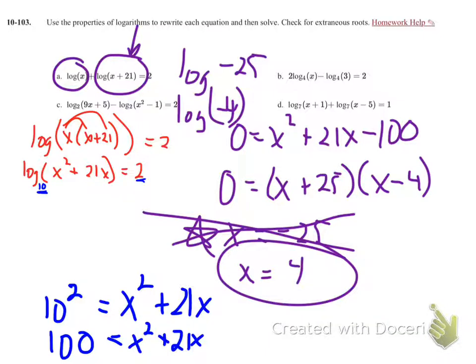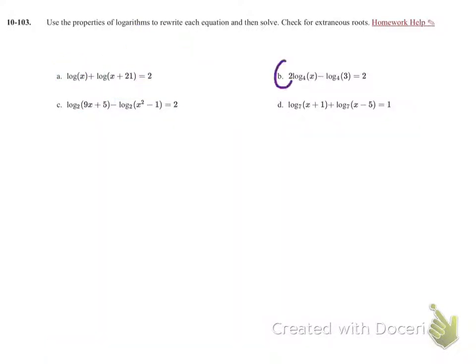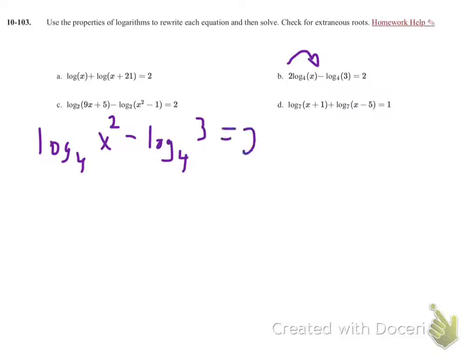All right, going to problem B. I have a 2 out front. So what that means is I can take that 2 out front, and I can put it back as an exponent. So I will have then log base 4 of x squared minus log base 4 of 3 equals 2.